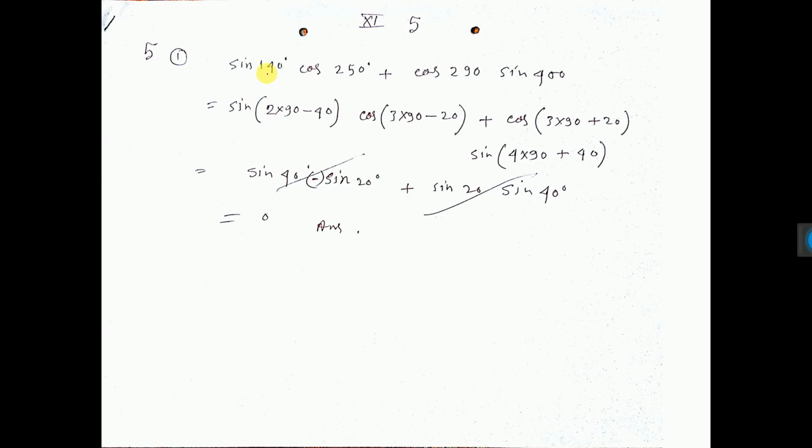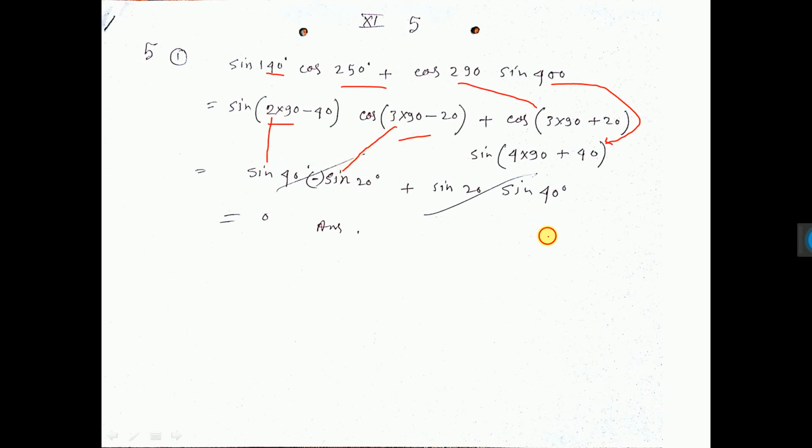This sum also the same way, it is broken down: 2 into 90 minus theta, 3 into 90 minus 20. This is 3 into 90 plus 20. And this is 4 into 90 plus 40. So this is coming even multiple, so sin will be sin. Odd multiple, cos will be sin.